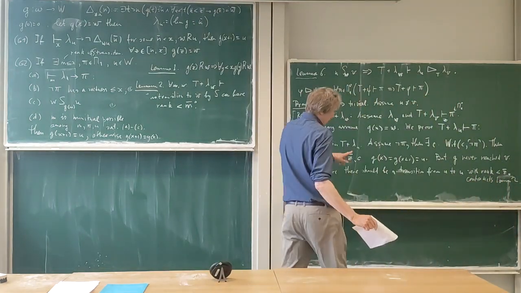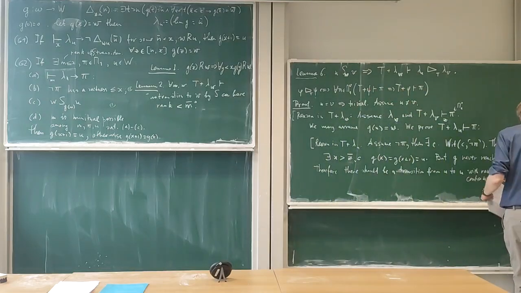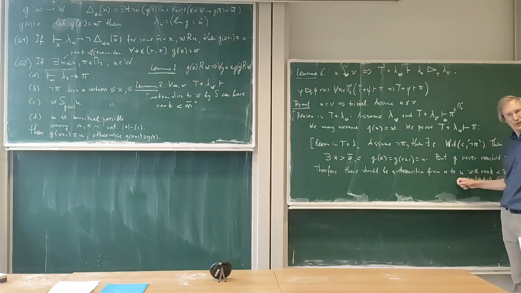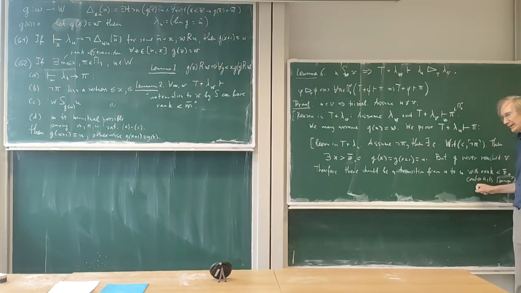But let's go over it one more time. Why is the only possibility for G to jump from U to U with a smaller rank? So let's check it out.